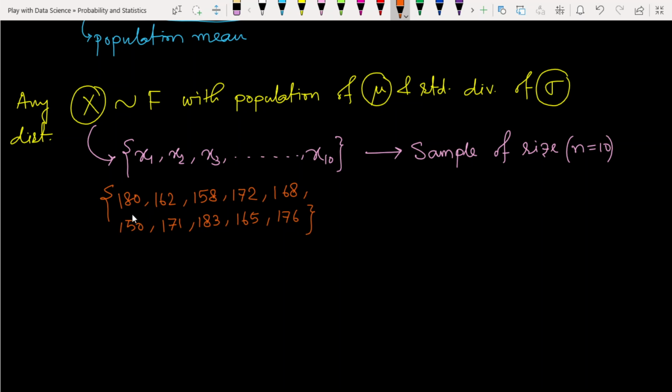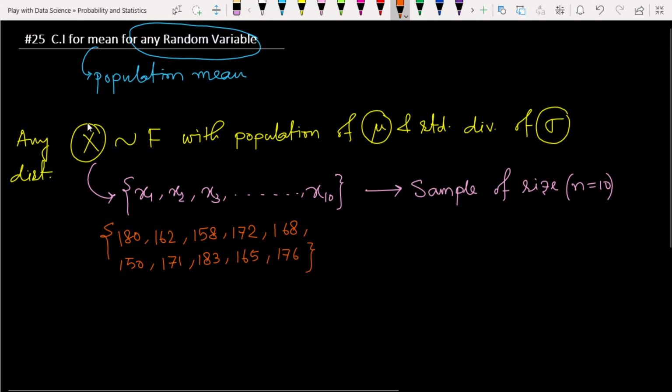Suppose these are the observed values of our population. Suppose these are the random variable of the height of the students that we have taken in previous lectures.